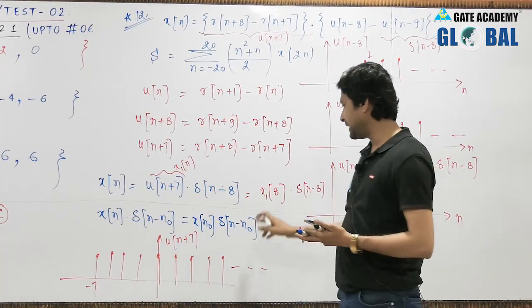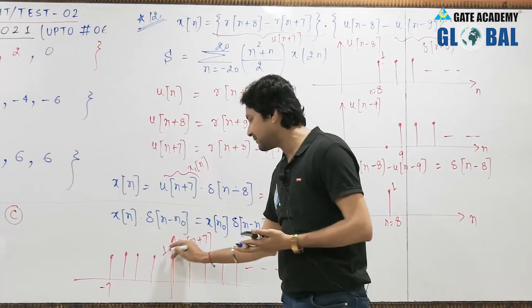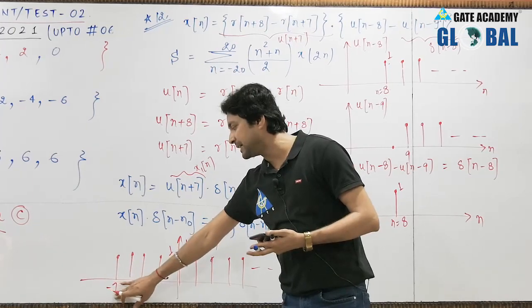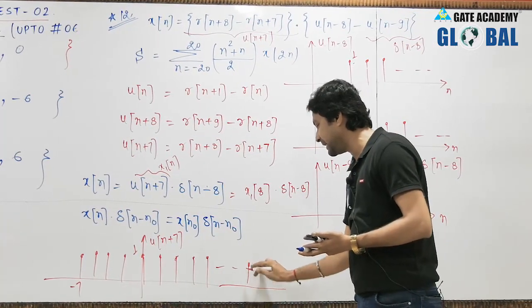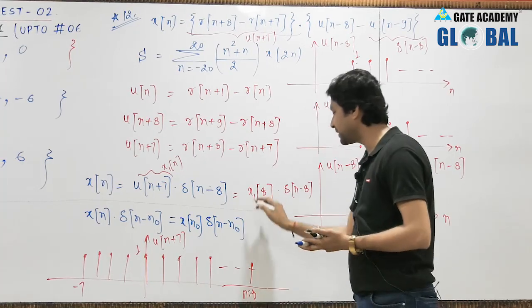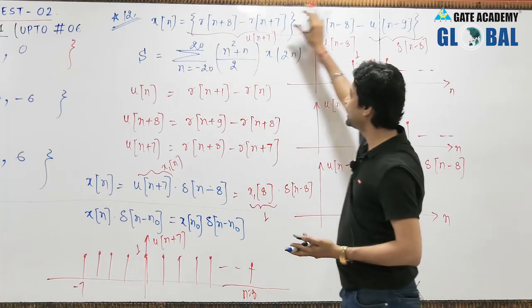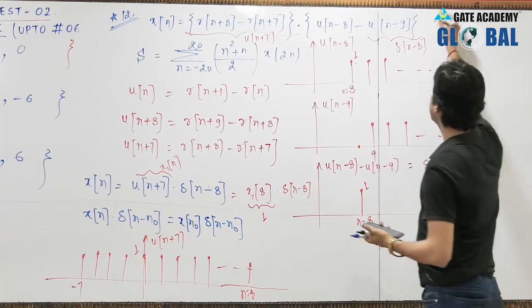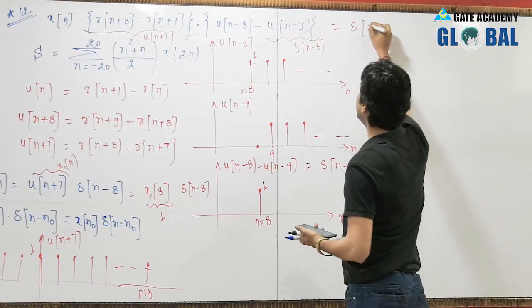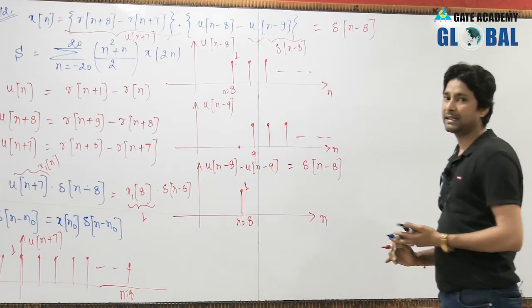Therefore, to find the value of this signal at n equals 8: all values are 1 starting from minus 7, and at n equals 8 the value is 1 as well. Therefore x1 of 8 is 1. So this total product x of n is nothing but 1 into del of n minus 8, that is, simply del of n minus 8. So now x of n is equal to del of n minus 8.